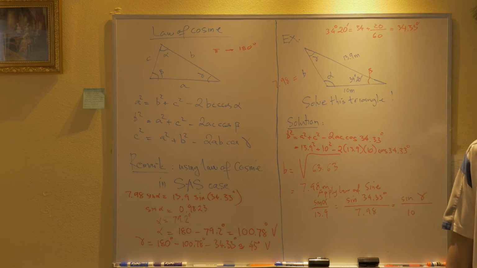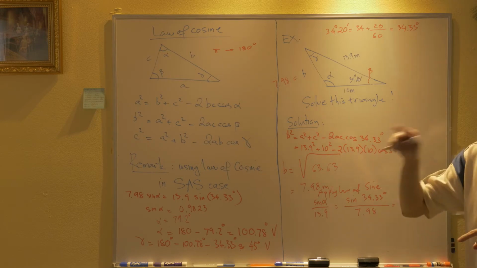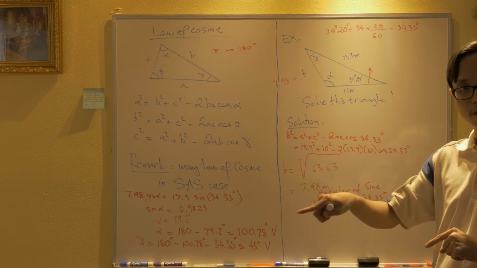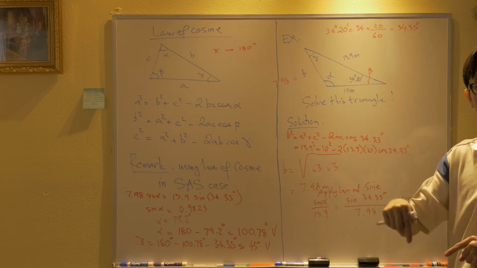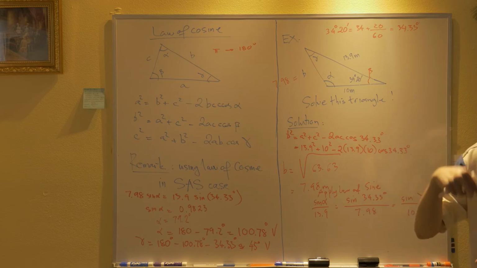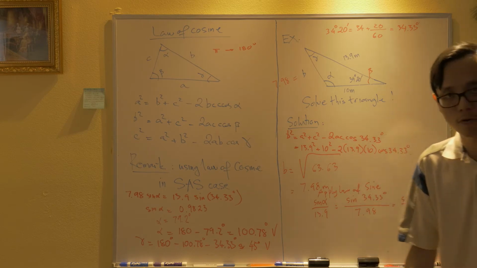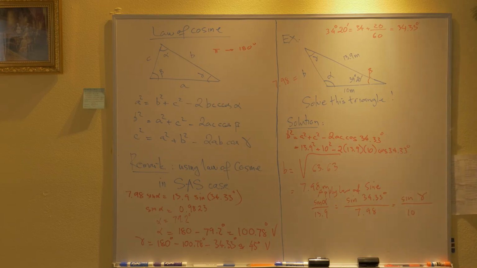Remember, when you solve trigonometry equations, you have to consider the quadrant, right? You always refer to the first quadrant. Then if it's positive or negative, you refer to the first, the second, the third, or sometimes the fourth one. Okay. So that will be all for this example.